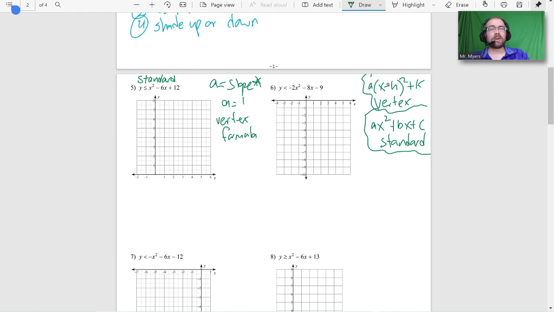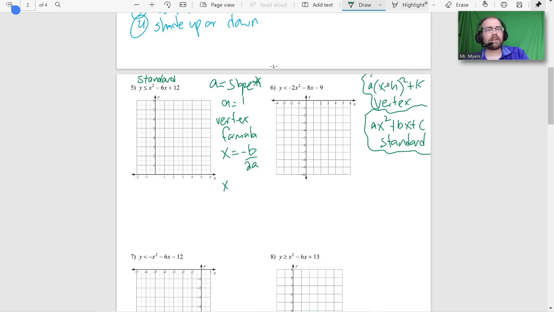They are forms or equations, but the vertex formula is x equals negative b over 2a. And it's the same b and a that's in standard form. So what I'm trying to do is, if I have standard form, but I want the vertex, because the vertex is really important to know on a parabola, then that's how I find it. I take the opposite of b. By the way, b is negative 6.